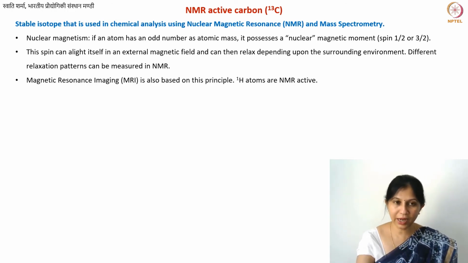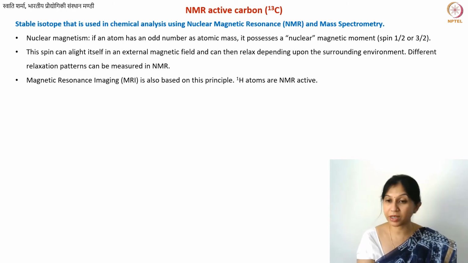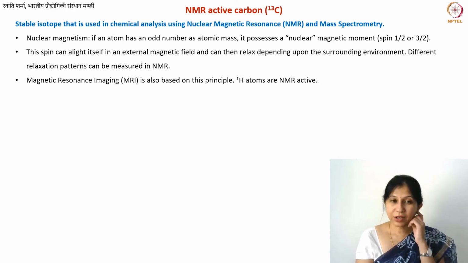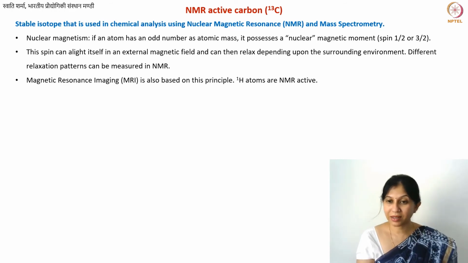What I also would like to tell you is that MRI, if you remember the medical imaging technique, is also magnetic resonance imaging. Why we call it MRI? This is also based on the same principle as NMR. Not exactly the same principle, but it is also based on the principle of nuclear magnetism.